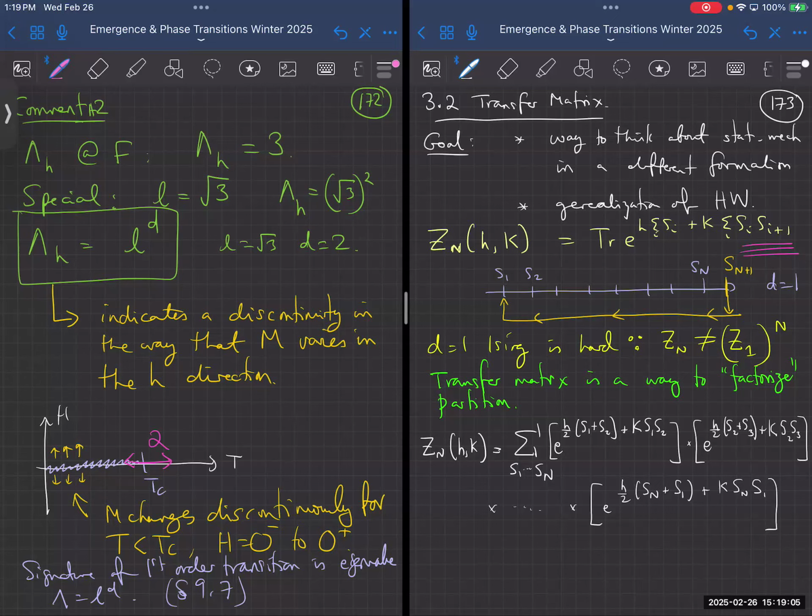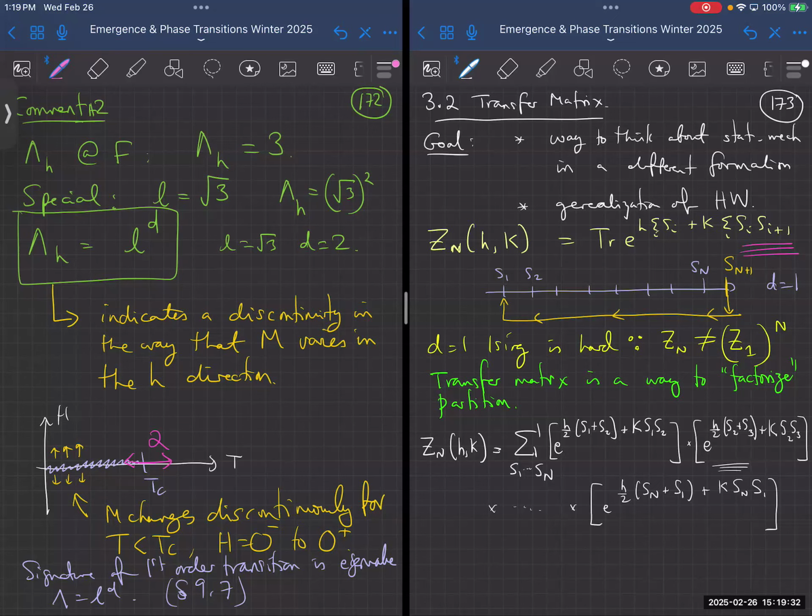Okay, so let's have a quick look at this. What I want you to notice is that, first of all, the first term is h over 2 S1. The second term is e to the h over 2 S2. Okay, so you say, well, we've got the wrong field value. But if you look at the next term, in the next square bracket, I have e to the h over 2 S2.